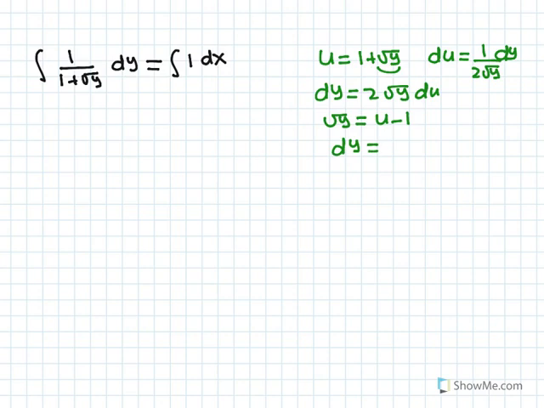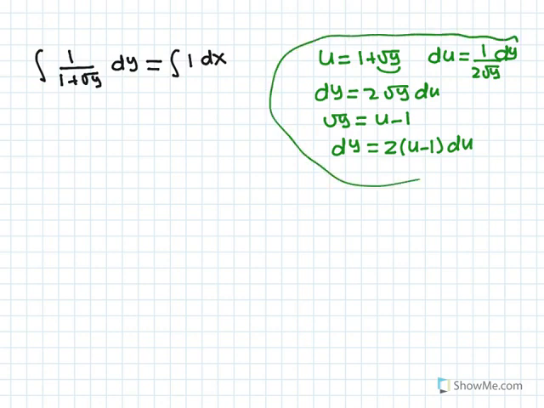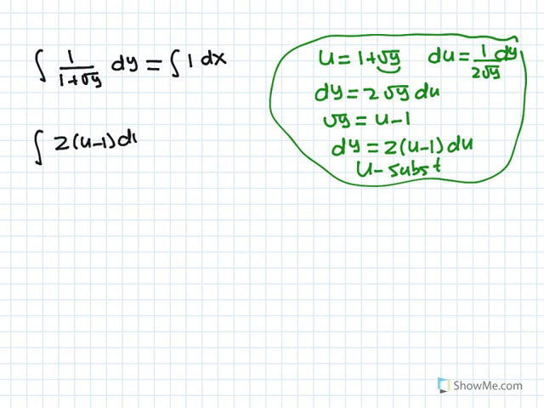We get dy is equal to 2 times (u minus 1) du. All of this is a u substitution that we're going to use to solve the integral on the left.